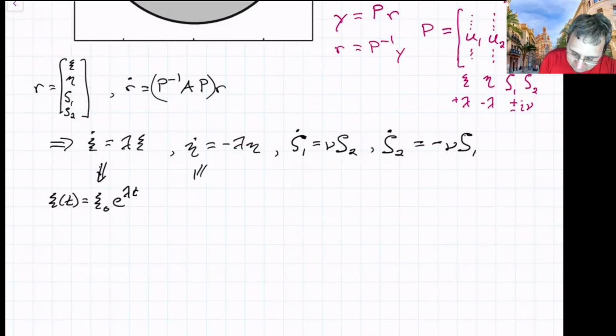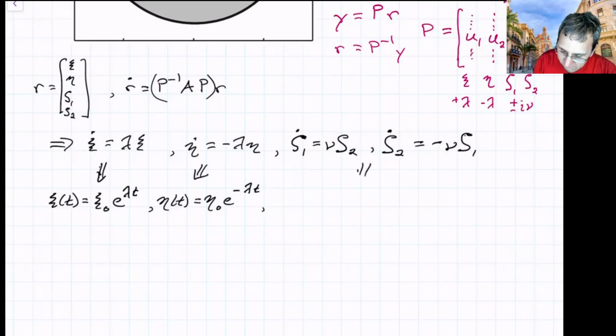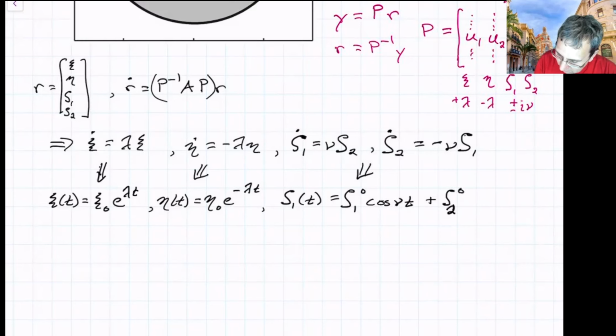What about the stable direction? Well, very similar. Eta as a function of time is the initial condition times e to the negative lambda t. These two are coupled, so the oscillatory solutions, if I write it this way, zeta 1 is zeta 1 naught, an initial condition, cosine nu t, plus the initial condition for zeta 2, sine nu t.